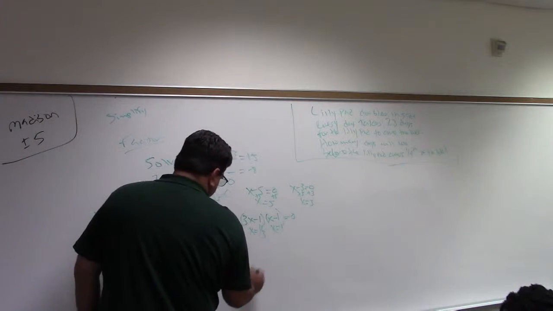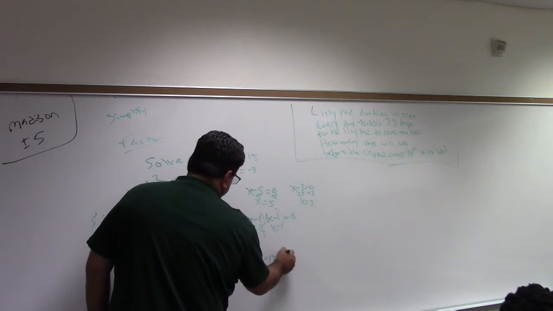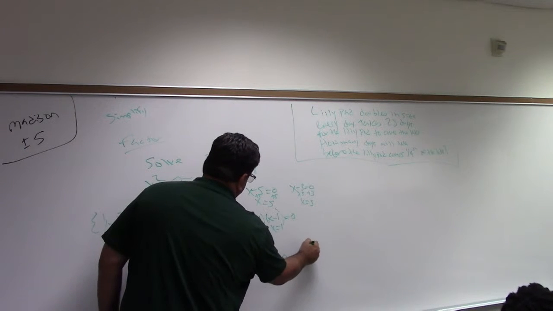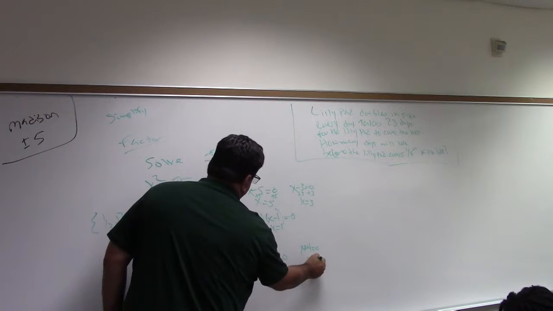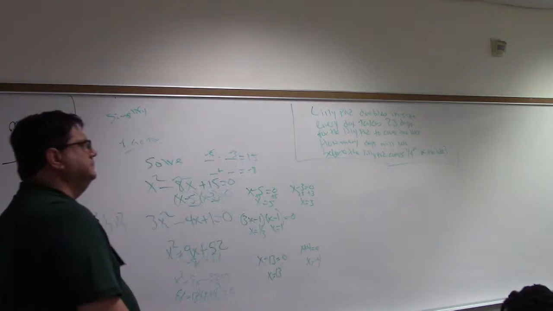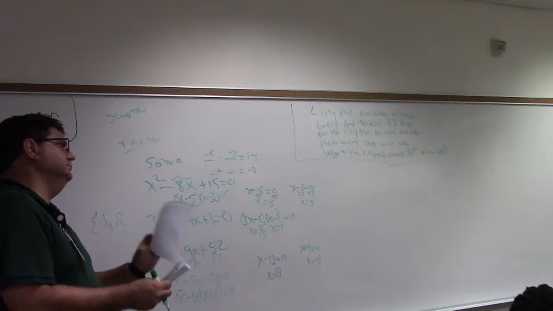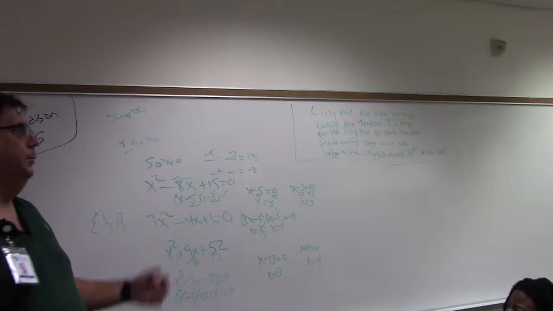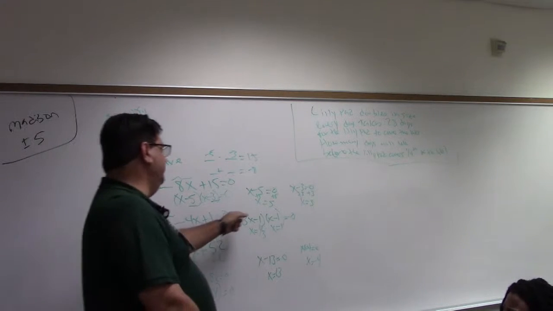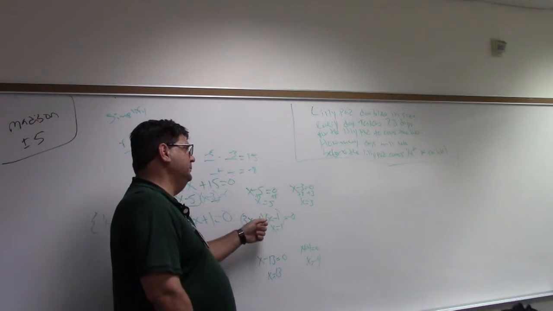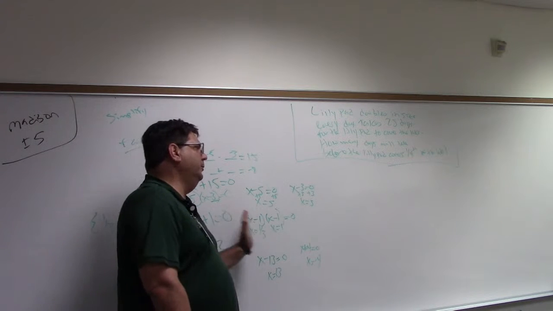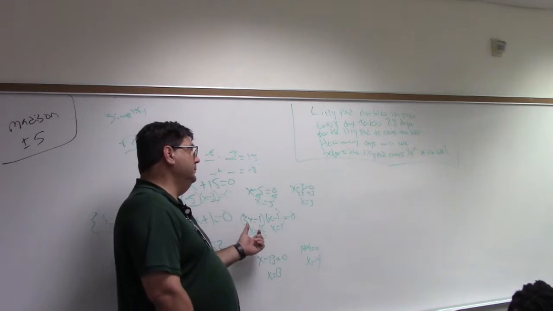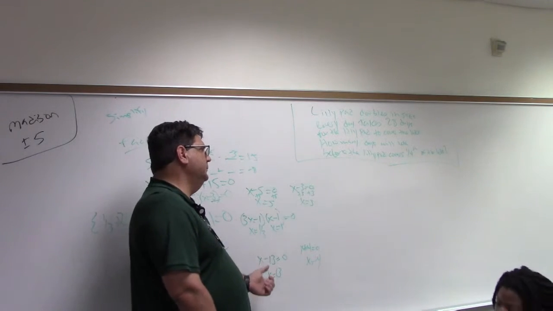Setting each of those equal to 0. You want to get where that piece is equal to 0, because if one piece is 0, the whole expression is 0. We want both of them to be 0, whatever that takes.